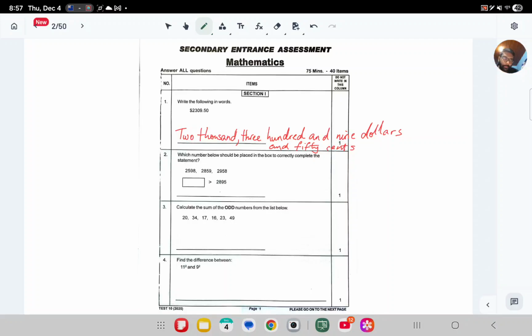Always remember the decimal point separates the dollars from the coins.